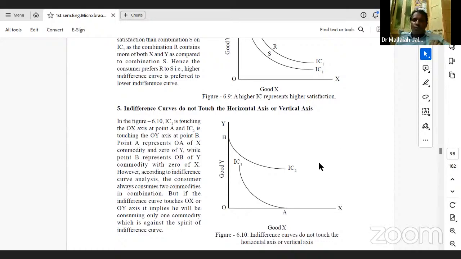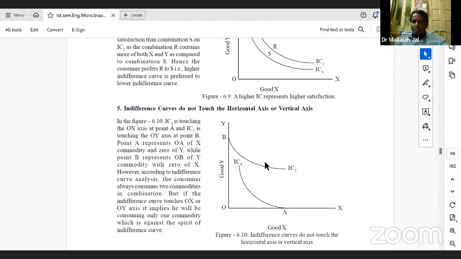So that is the reason why it is not touching the Y axis and not touching the X axis. If it touched Y, only Y commodities would be purchased. If it touched X, only X commodities are going to be purchased. Getting my point?